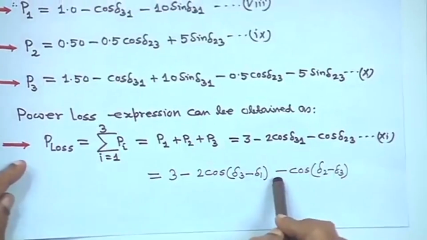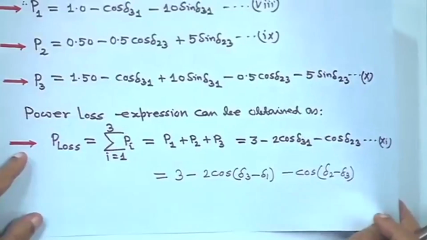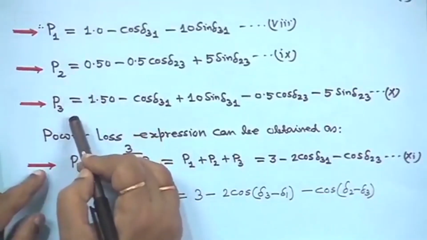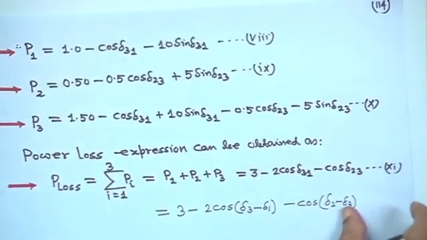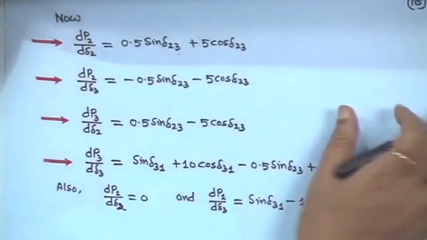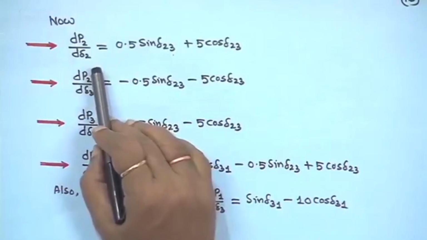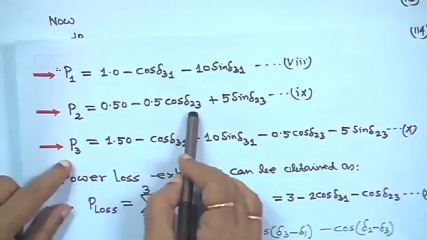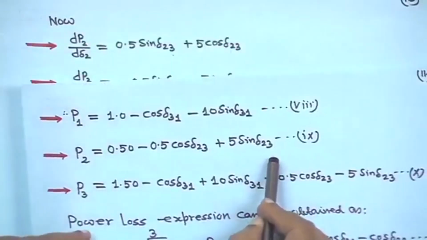This is the last one. Next, you take the derivative of delta P 2 and delta P 3. If you take the derivative, dP 2 by d delta 2, P 2 is written as 0.5 minus 0.5 cosine (delta 2 minus delta 3) plus 5 sin (delta 2 minus delta 3).